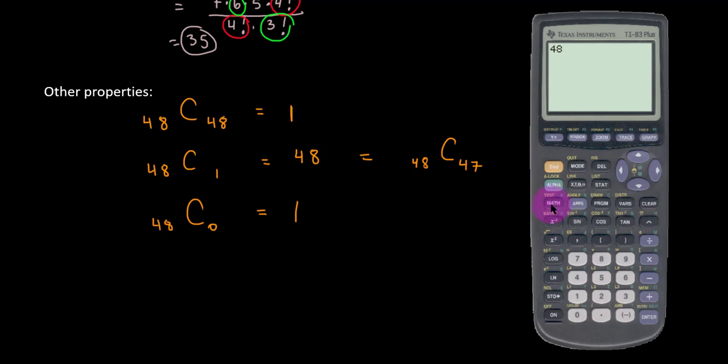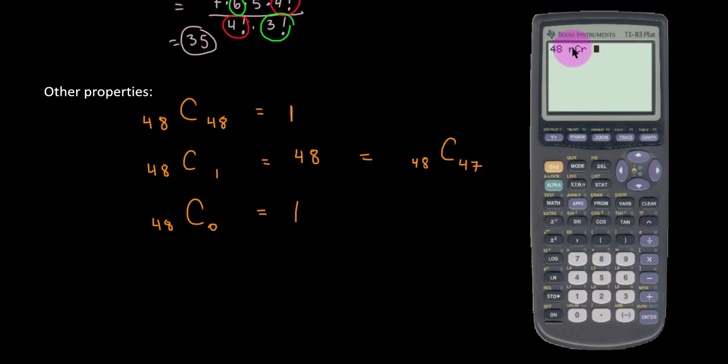Under the math button is a probability toolbox, and in other TI calculators you might have a PRB button flying around somewhere, and that's what you would look for. And when you select that probability box, you'll have functions such as, there it is, TI calls it nCr, and hey, there's a factorial there as well.